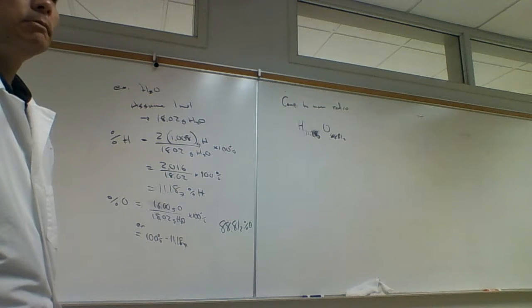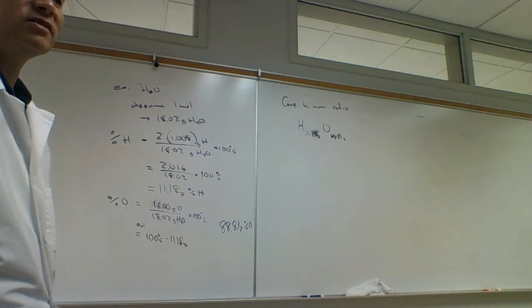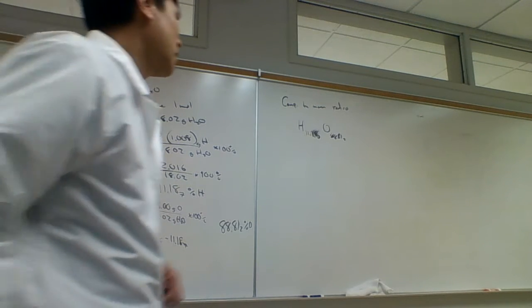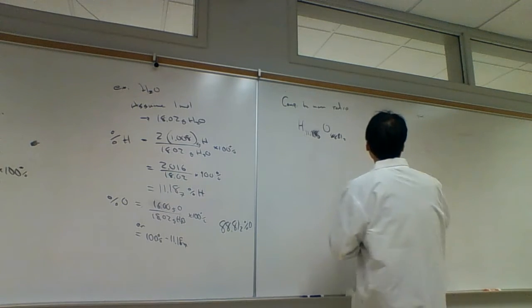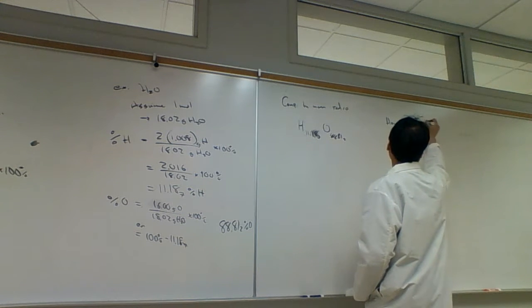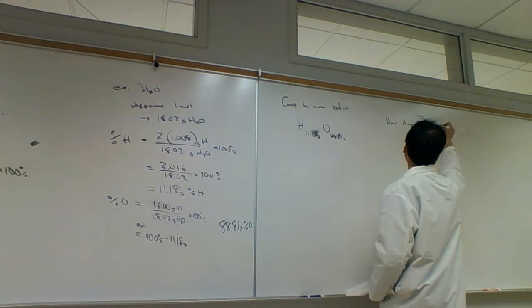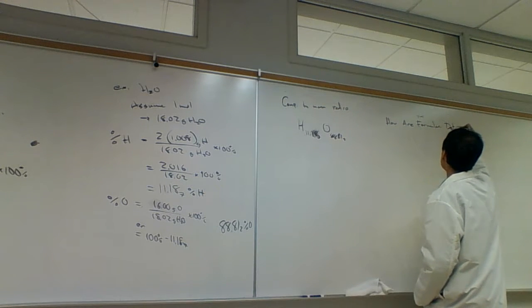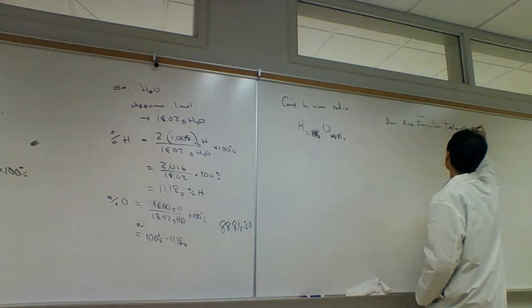And so what we want to do is figure out what the composition is. We want to know the composition of everything. And so how are our formulas determined? When I say how our formula is determined, how is the composition determined?